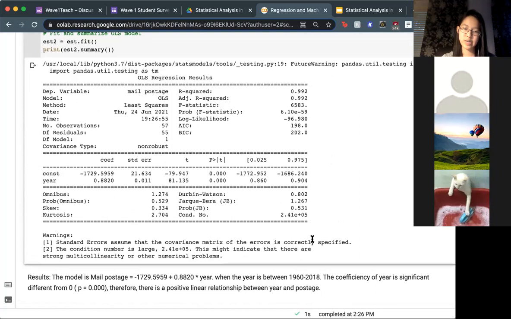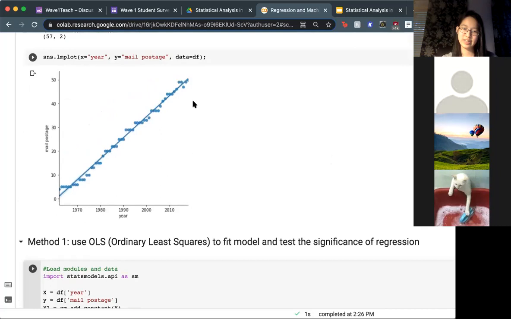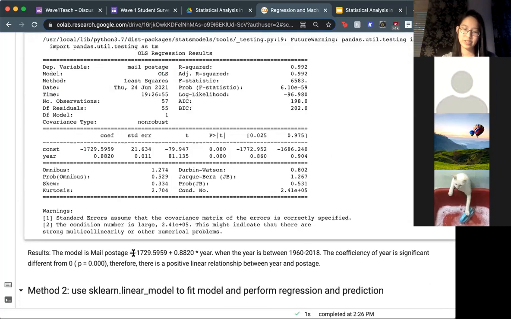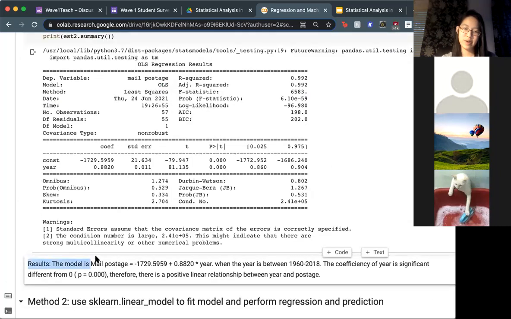So if you get these results, you can plug these numbers into your equation, and say, hey, the model for this trend line is: the amount of mail postage is equal to negative 1,701,729 point whatever, plus your slope 0.8820 times whatever year it is.